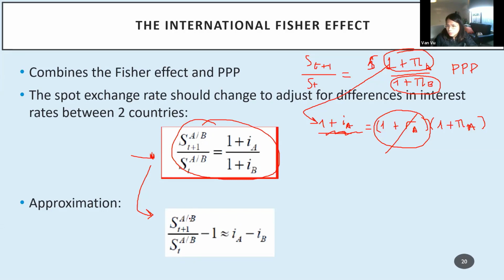So we can rewrite this as the change in the exchange rate, which will be approximately the same as the difference between the nominal interest rate of country A and country B.